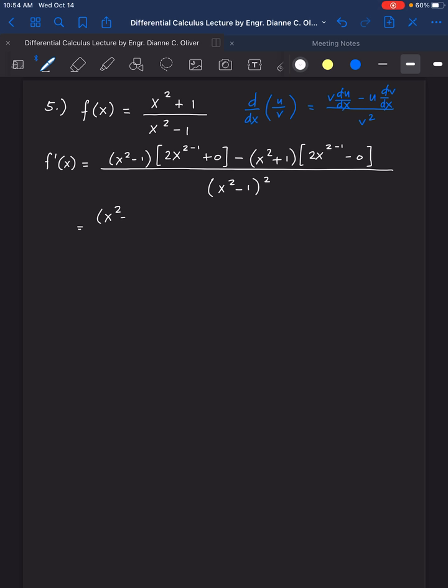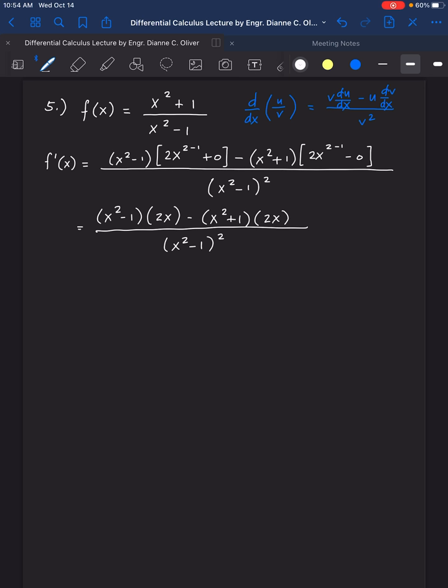Multiply x squared minus 1 by 2x, minus x squared plus 1 by 2x, over x squared minus 1 squared.